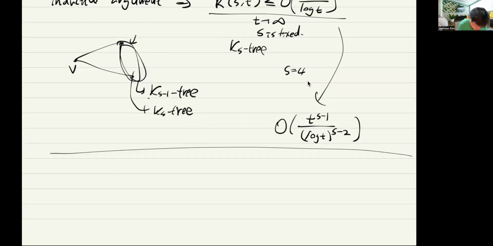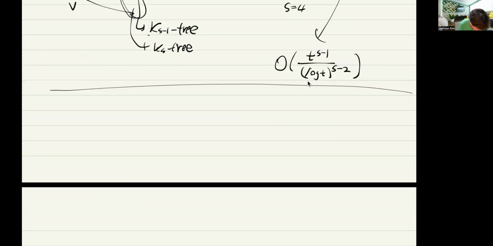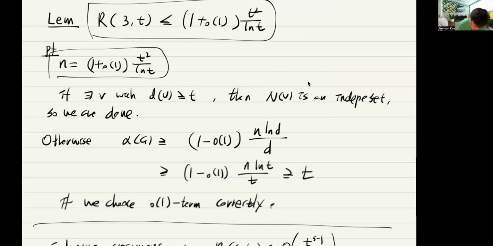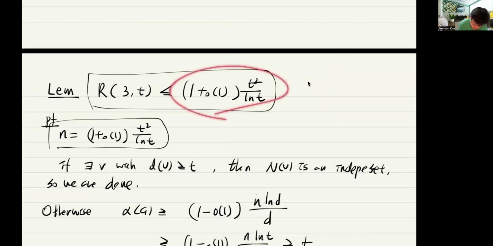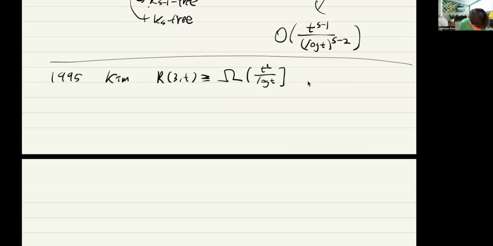And for the best known lower bound, in 1995, Jeong Han Kim proved that R(3,t) is at least some constant times t squared over log t, confirming that it is actually tight up to a multiplicative constant. So this is the correct order of magnitude for this Ramsey number.